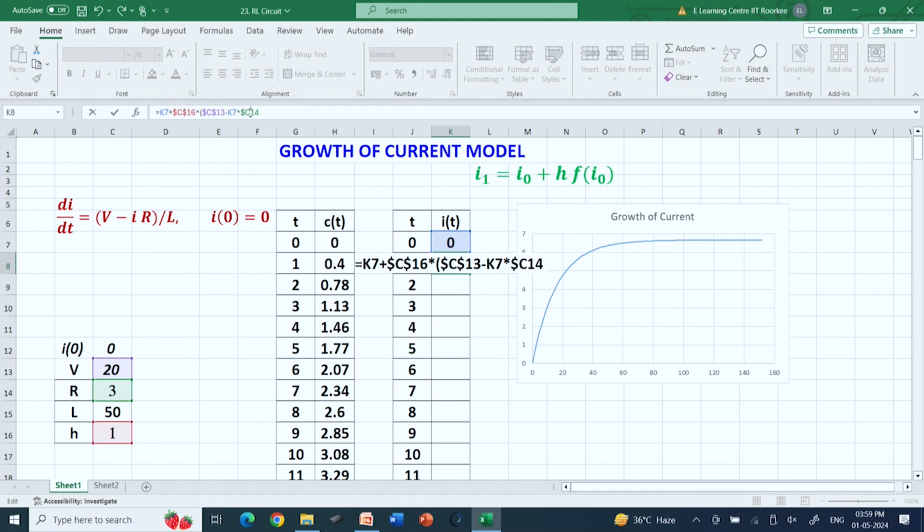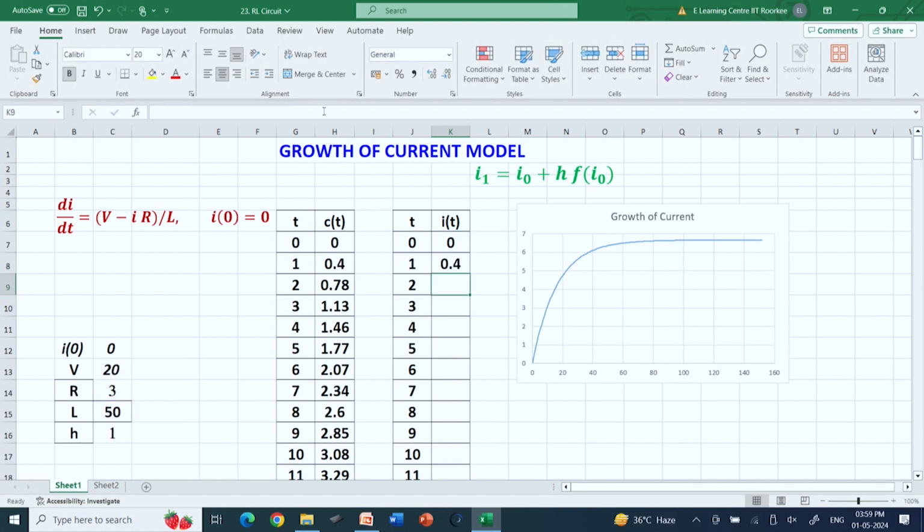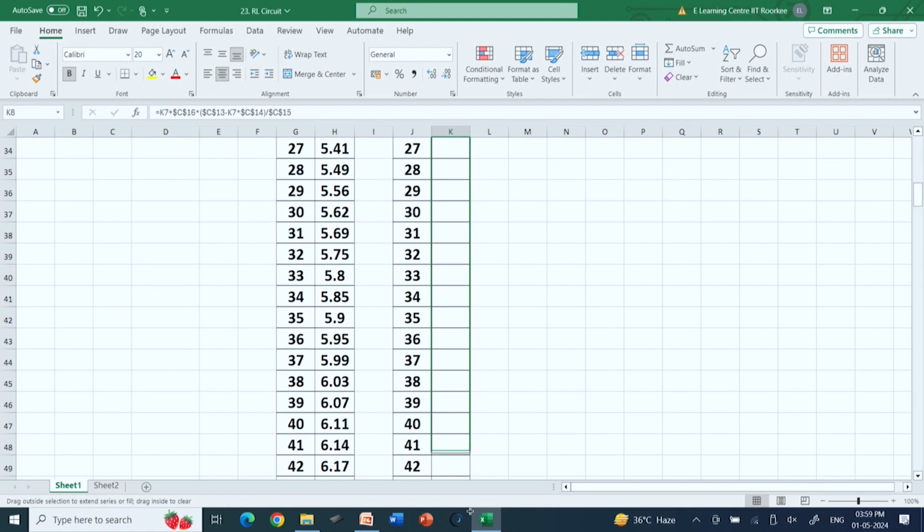I am inserting dollars, and this whole thing is divided by L, which again has a constant value. You calculate this one cell, you get the value, and you drag it to the next 100 cells, rather 99 cells.